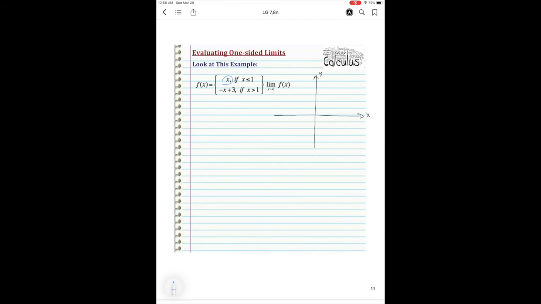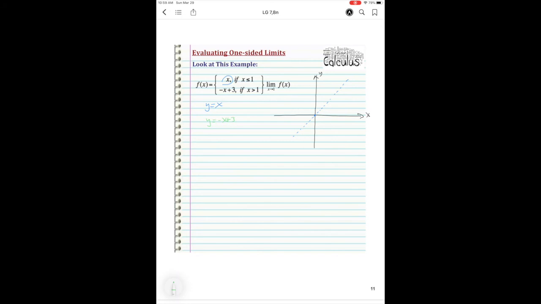So when f of x equals x, so when I'm graphing f of x, remember it's y equals x. So we have the y-intercept is 0 and over 1 up 1. And it's going to be a little dotted line here just because it's going to be cutting off here. Now, I'm going to do the other one green. So when y equals negative x plus 3.